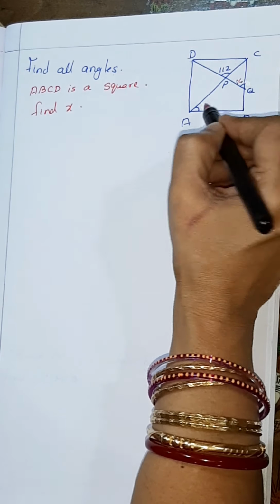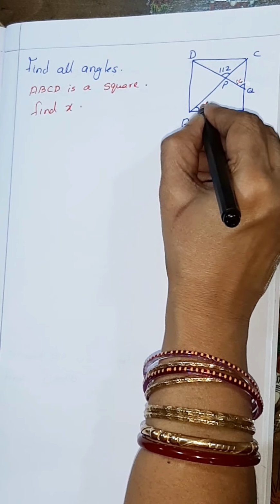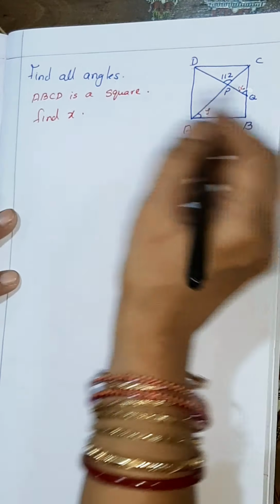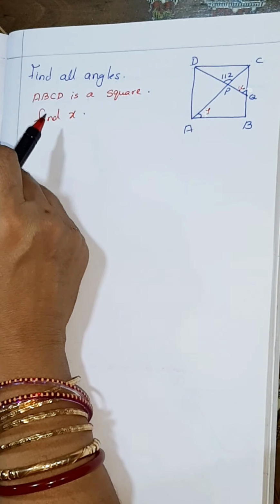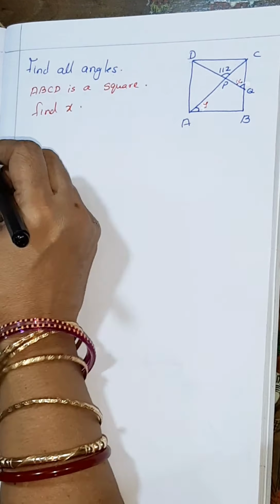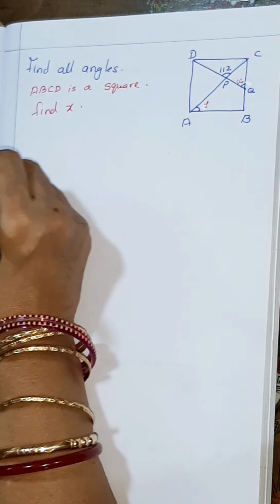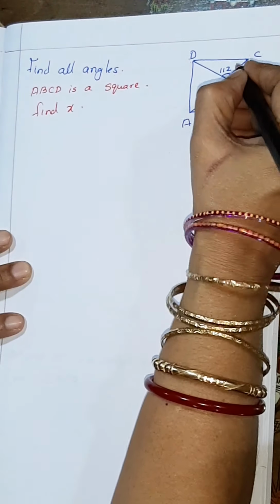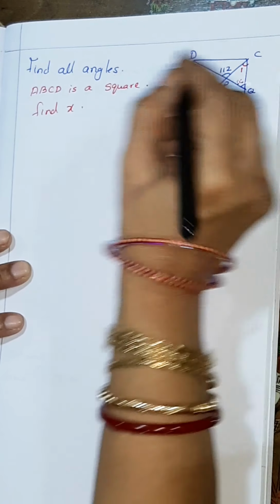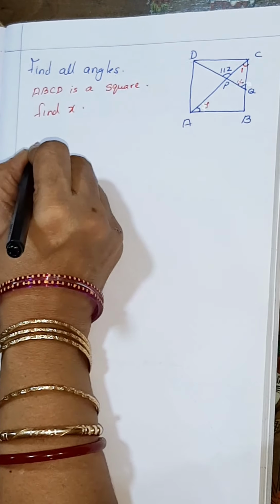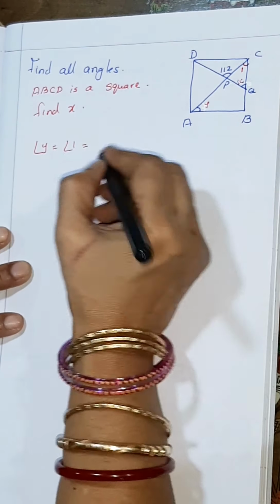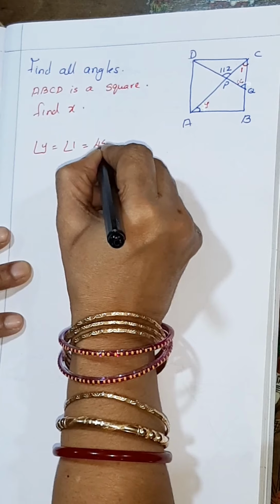Again we are going to X and Y. We have to find these two angles. So AC is a diagonal. So diagonal will bisect the angles in the square. Therefore Y is equal to angle 1, which is equal to 45 degrees.